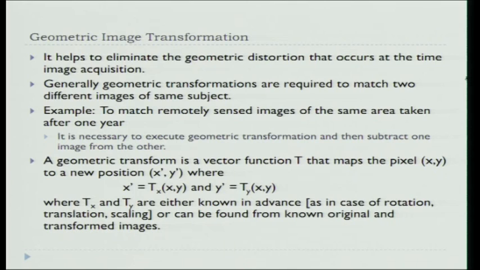As I told you, in any image you will find that there are many reasons to get a geometrically distorted image. Now, you have to correct them, right. Otherwise, your image will not be useful at all. This distortion occurs at the time of data acquisition.